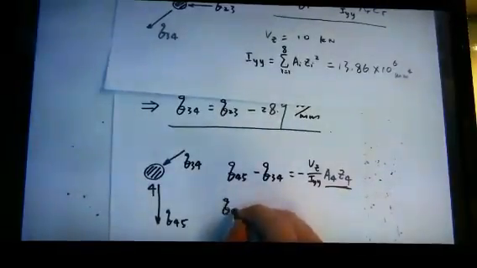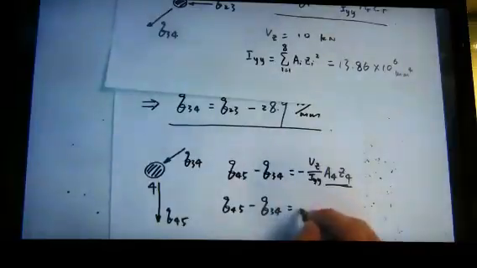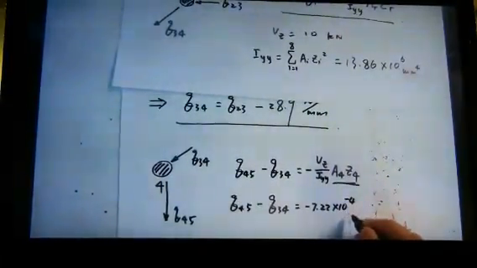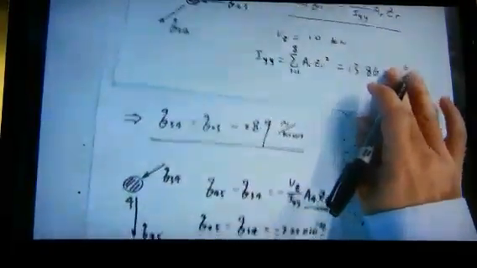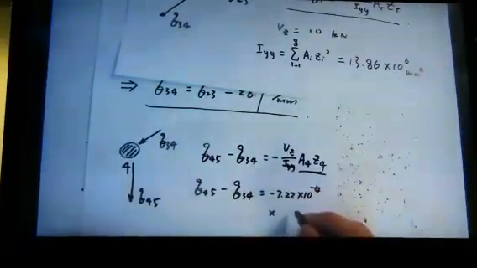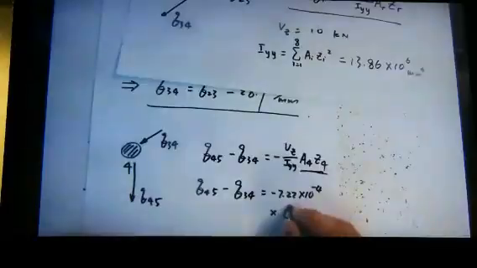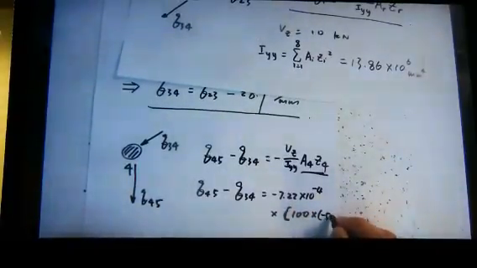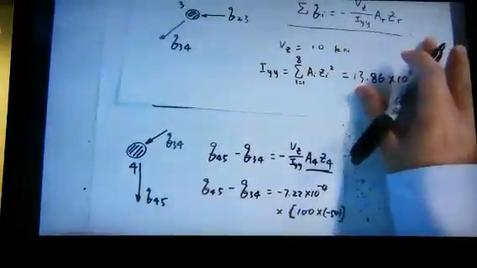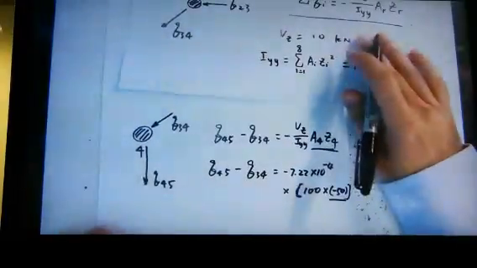And then you have Q45 minus Q34 equals this value, which is always the same. Which coefficient? VZ divided by IYY is always the same, times the area. Area for this one, A4, is 100, and the coordinate is minus 50. The coordinate of boom area 4 along the Z direction is negative.